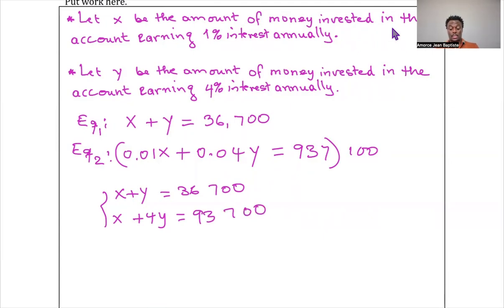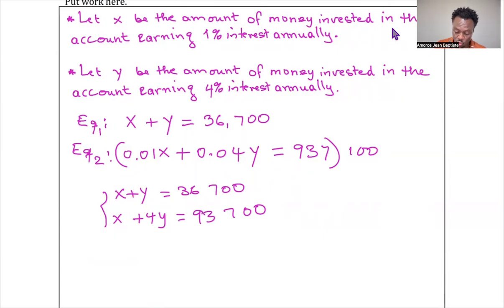Now we're going to solve this. I want to solve this by elimination. By elimination, I would multiply the top one by -1, so I want to eliminate x.